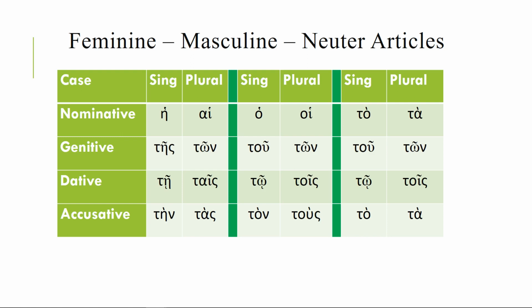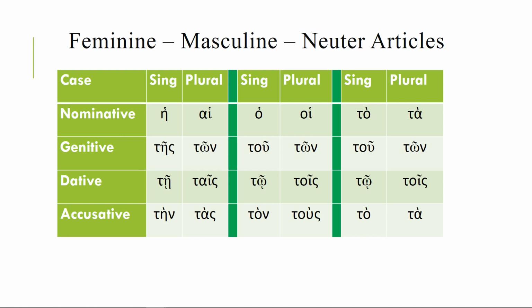So a couple of things should stick out immediately. One is that the neuter and masculine forms of the genitive and dative are the same, right? Tou and tou, tōn and tōn, tō and tō, tois and tois.